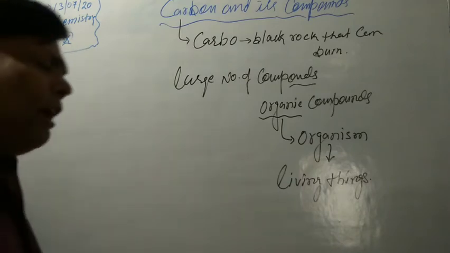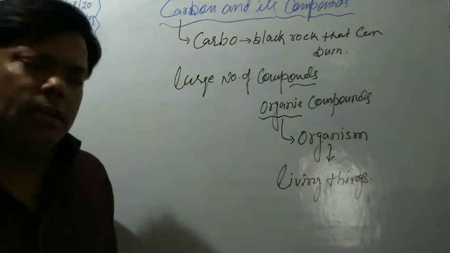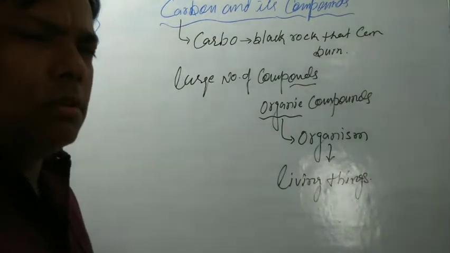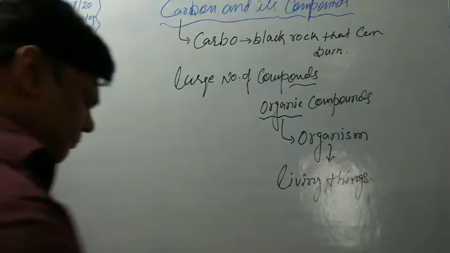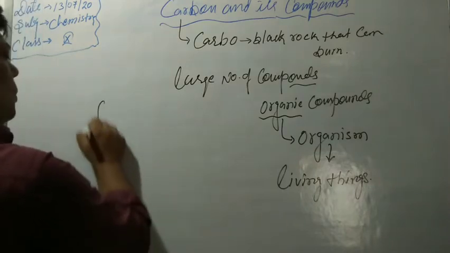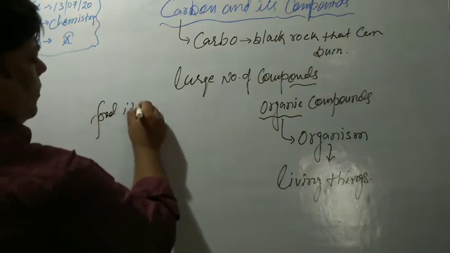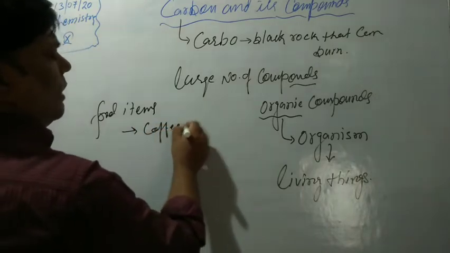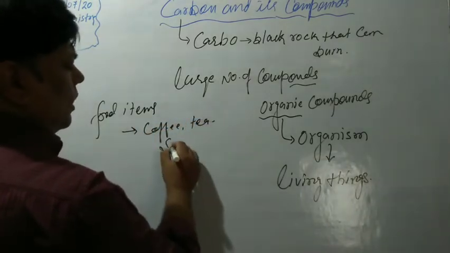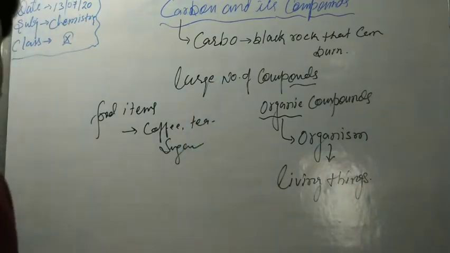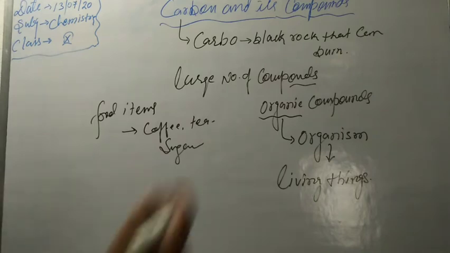In our daily life, we are using a lot of materials which are made of carbon, like our food items, such as coffee, tea, sugar. These all are carbon compounds, including our fruits and vegetables also.